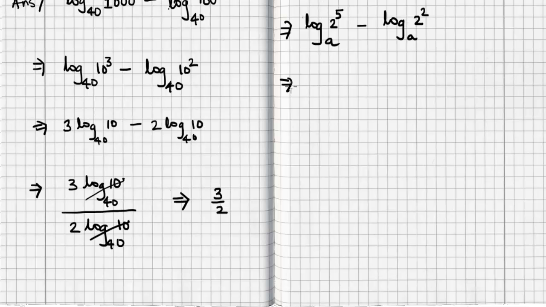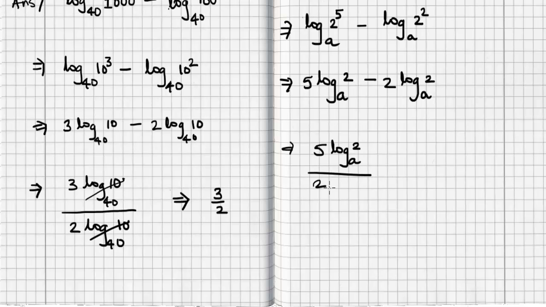Now using law 3, this can be written as 5 log 2 to the base A minus 2 log 2 to the base A. Now using again law 2, we can write this as 5 log 2 to the base A upon 2 log 2 to the base A. This cancels out.